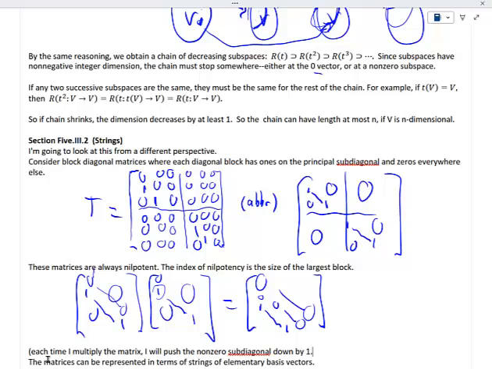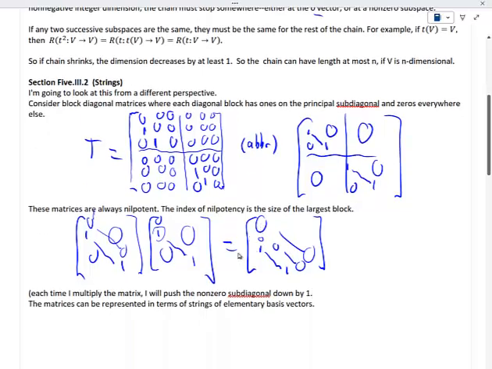I encourage you to try some examples to see how that works. So a matrix that has this form, that has ones on the subdiagonal, is nilpotent. In fact, any subdiagonal matrix will be nilpotent. You can work that out. But in particular, this type of matrix is nilpotent.